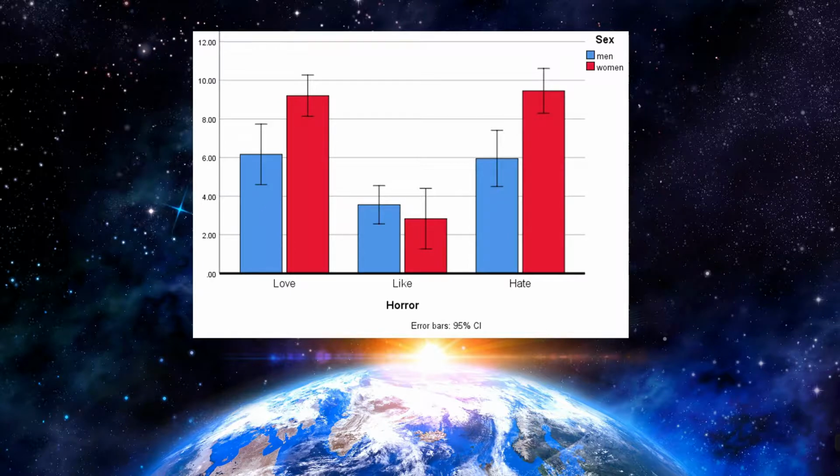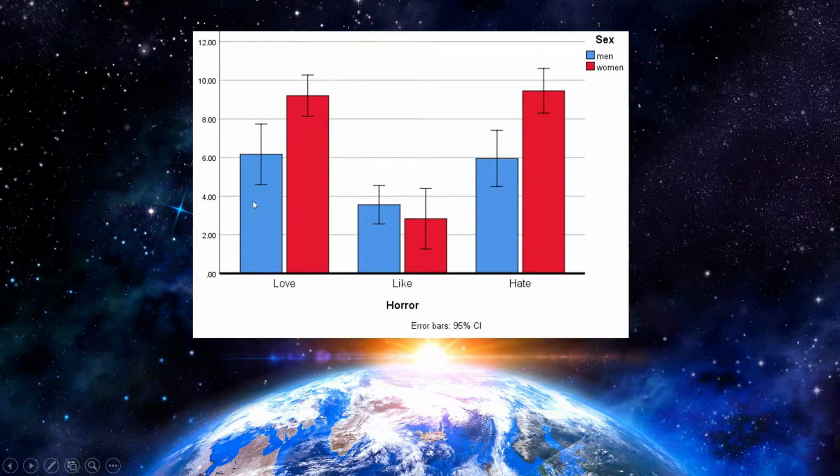This is what we found in the two-way independent ANOVA, and again, we can see that there are differences between men and women, but these differences depend on whether they said they loved horror movies, liked them, or hated them. Another way of looking at this is if we just looked at these blue bars, these are the men.